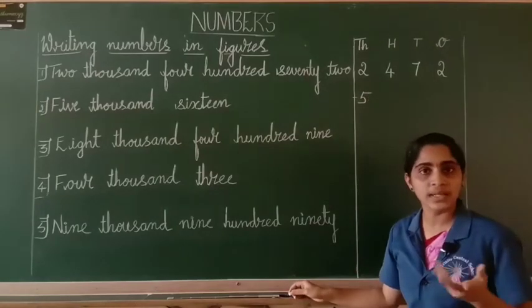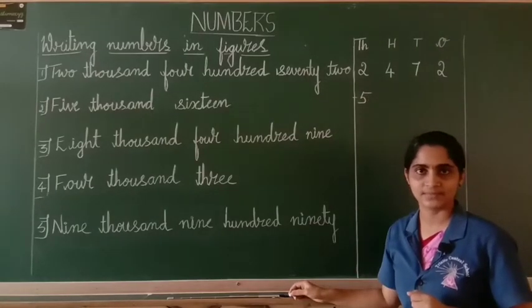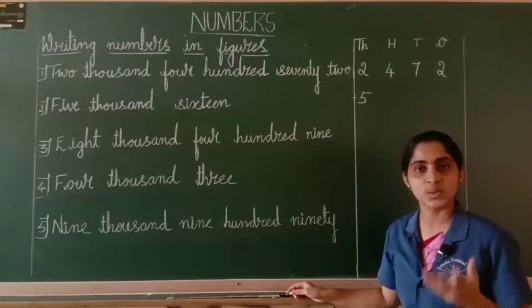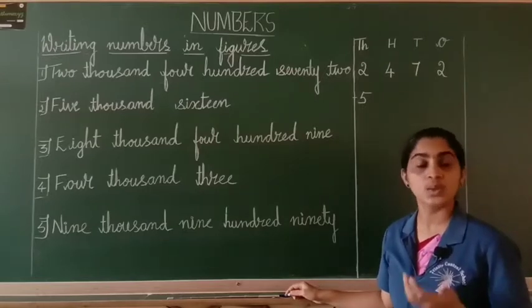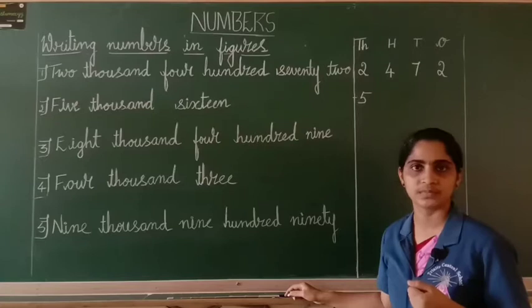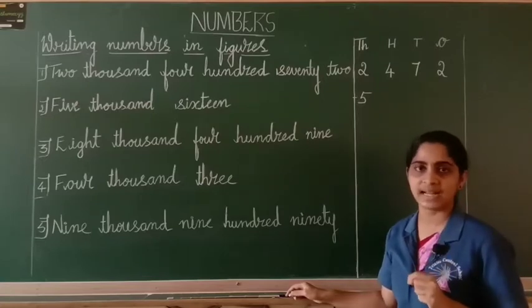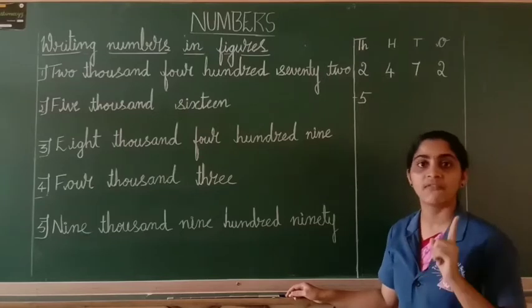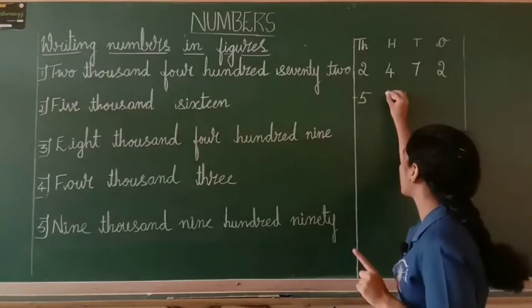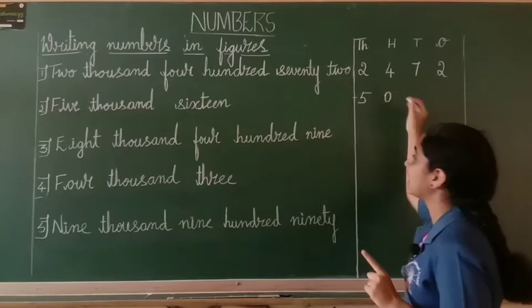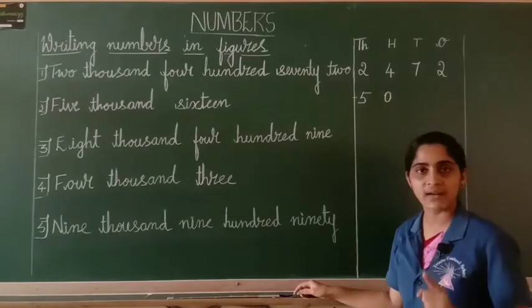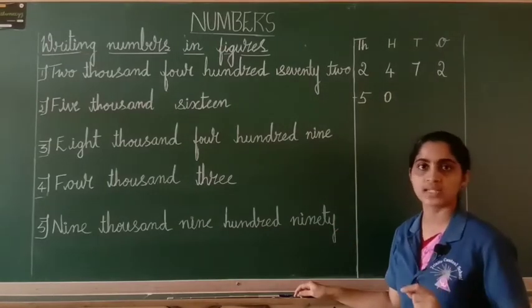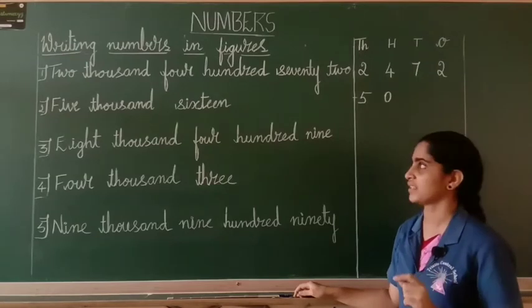Now tell me how many hundreds are there? Yes, there is no hundreds. So what we have to do? Always remember that whenever there is no digit in any place, we must put 0 there. So, in hundreds place, we have to put 0 because it is 0 hundreds.